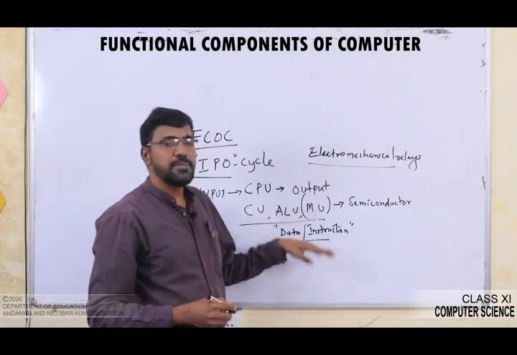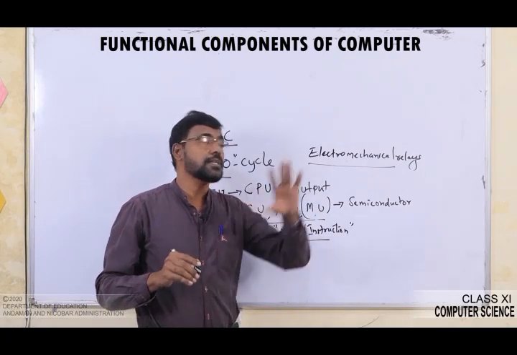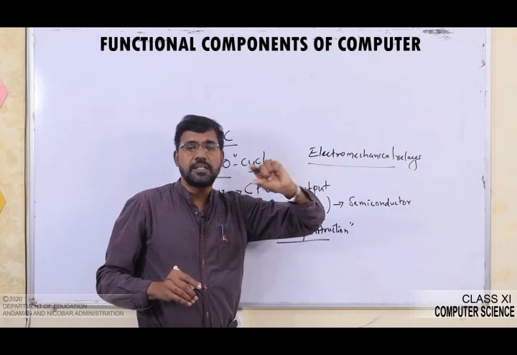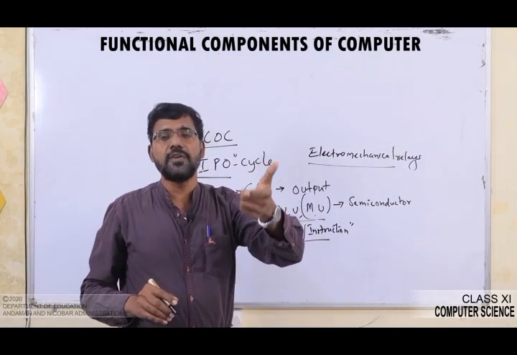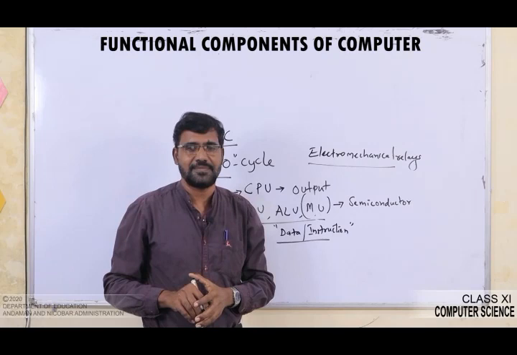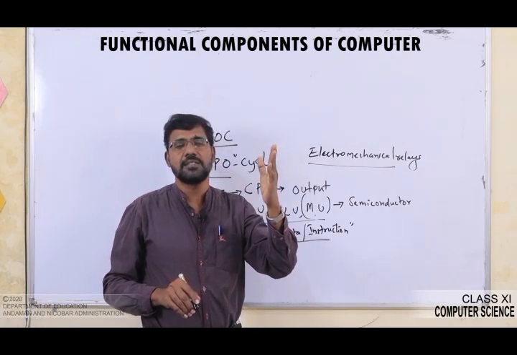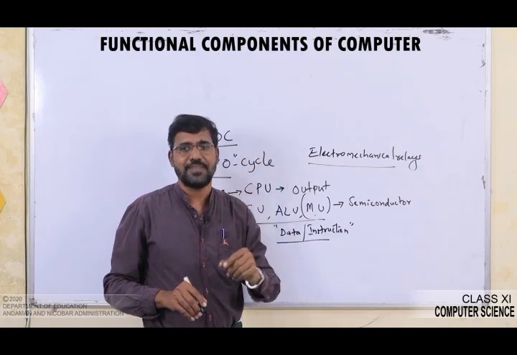The memory unit also has register memory. You see the image, register memory. The registers temporarily hold frequently used data, instructions, and memory addresses that are to be used by the central processing unit.